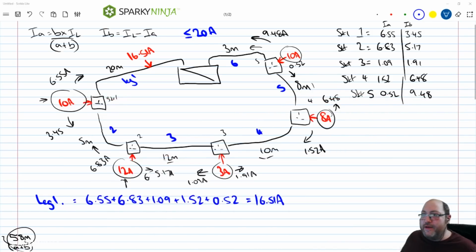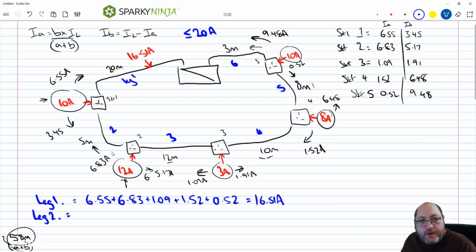I'll do the calculation in a minute. Now, before we get ahead of ourselves, with leg 2, we need to notice that this cable was the IA of this one going that way, and the IA of this one going that way, and so on. This cable, however, is not subjected to the IA of this load. It's subjected to the IB of this load.